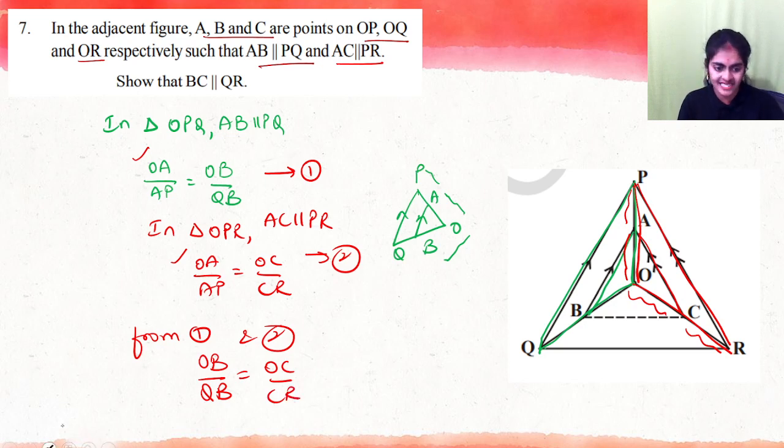Okay, so what is that I got? Let me check. OC, where is OC? OB. Where is OB? See, here it is. OB is here. So let me erase everything here. So see here. What did I get now? I got OB by QB is equal to OC by CR. So which triangle? This triangle, no?